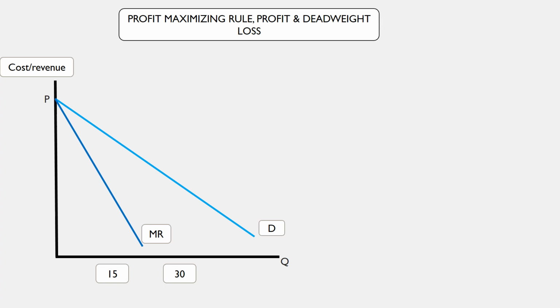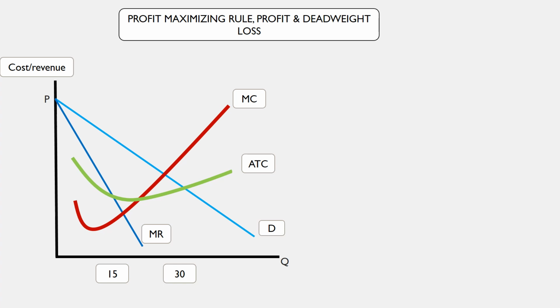As they're decreasing price, their additional revenue also decreases, but they would be able to make more sales. So that's why demand curve and marginal revenue are typically downward sloping, and marginal revenue is always below the price and demand curve. Then you draw the usual curves: marginal cost, which goes down and then up, and the average total cost curve, which is U-shaped.